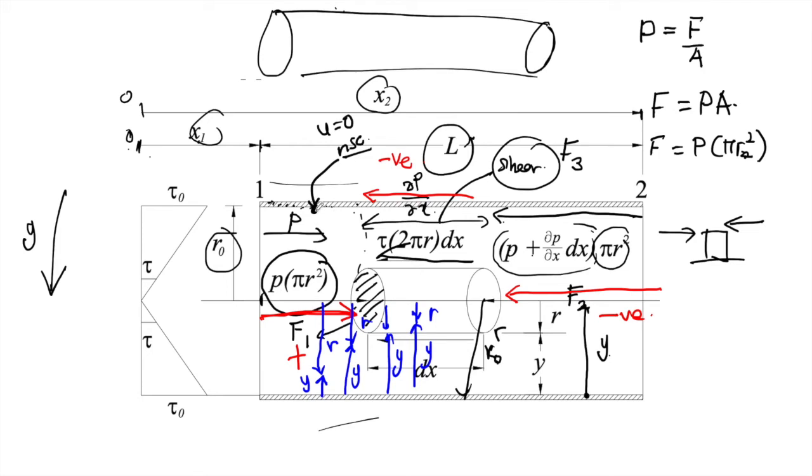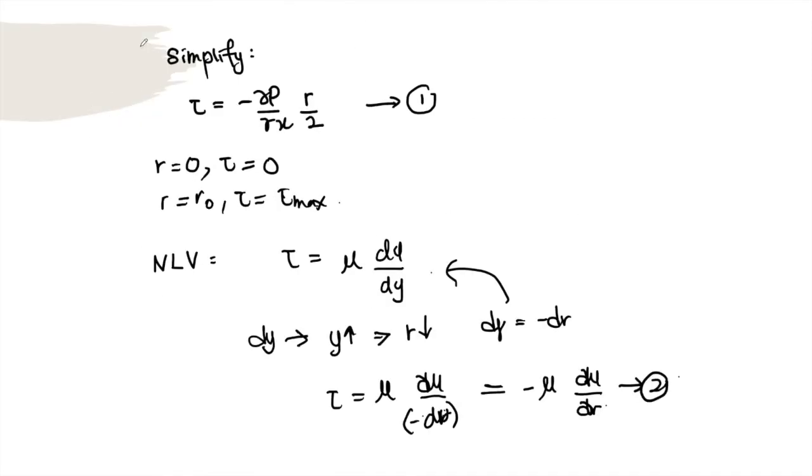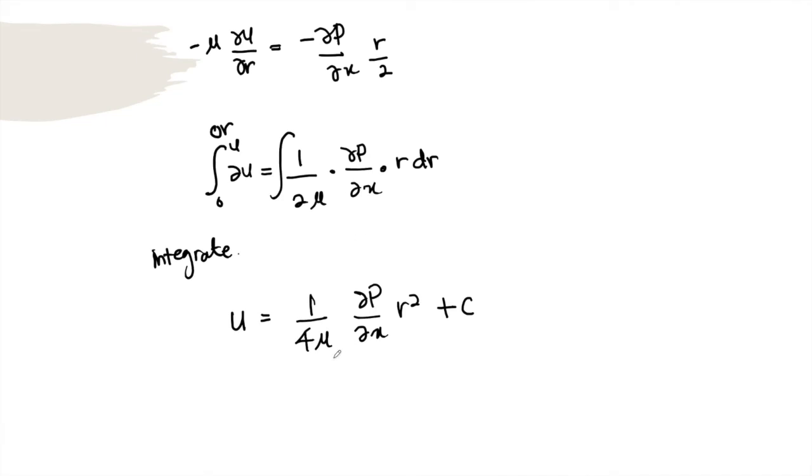As we can see here, the velocity at the pipe wall is equal to 0, and the radius of this pipe is R naught. So we will substitute u equal to 0 at r equal to R naught.